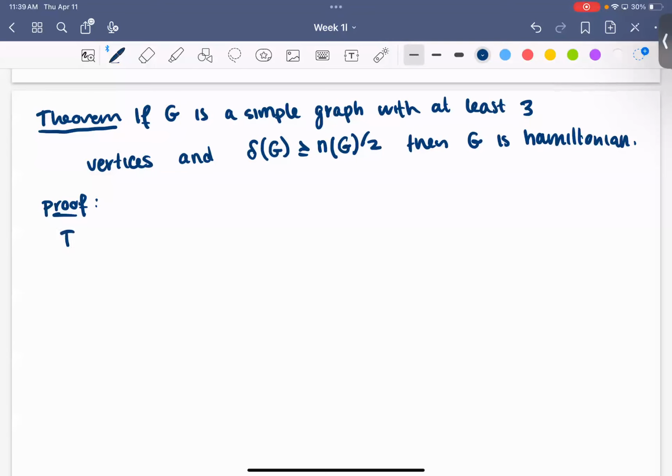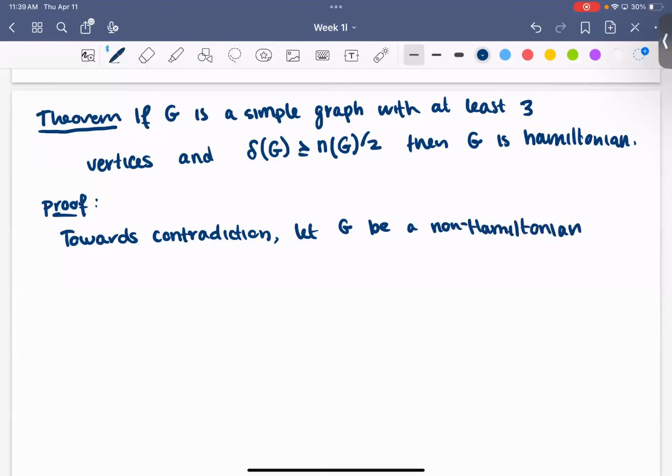Okay, so towards contradiction, let G be a non-Hamiltonian graph which satisfies the hypotheses.